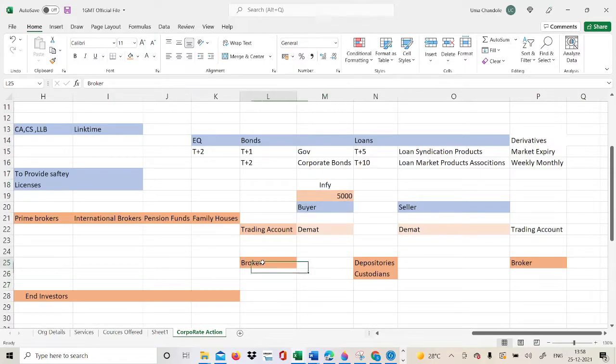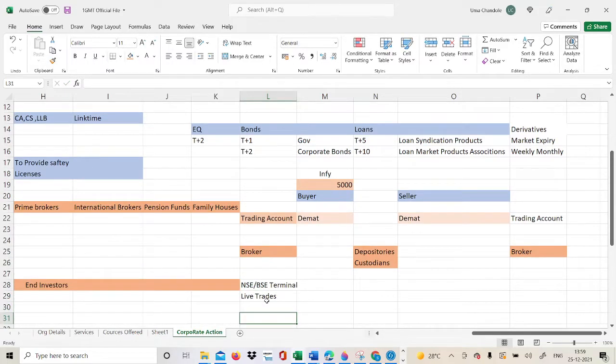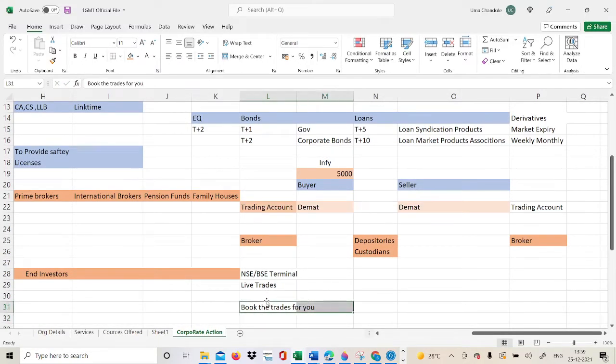The broker has access to a BSE terminal where they can see the live trades. Once you send the instructions, the broker books the trades for you. Once they book the trades, they send the instructions to the depositories or to the custodians.